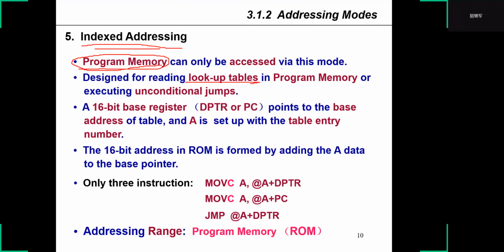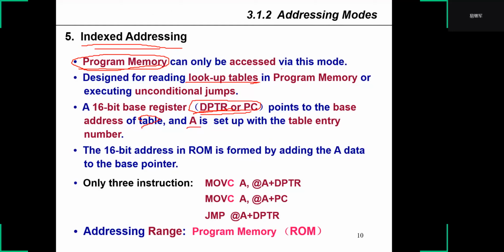A 16-bit base register, DPTR or PC, points to the base address of the table, and A is set up with the table entry number, which means DPTR or PC points to the start address of the table and A is the offset.